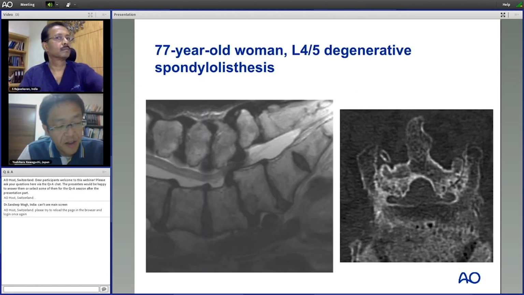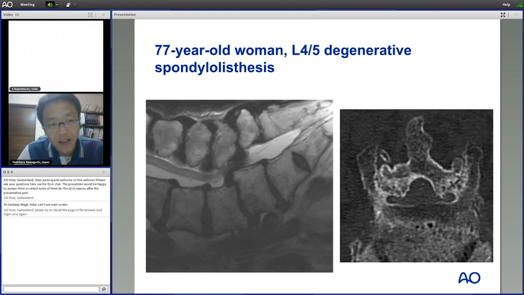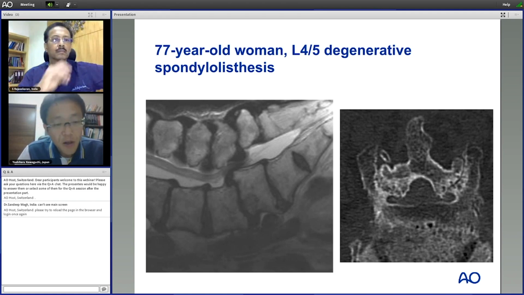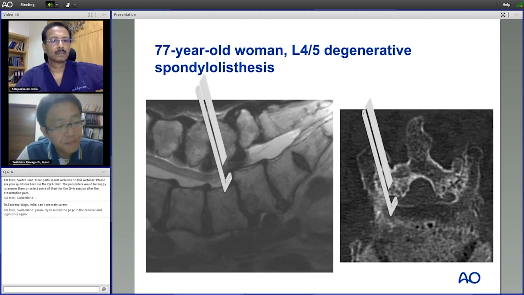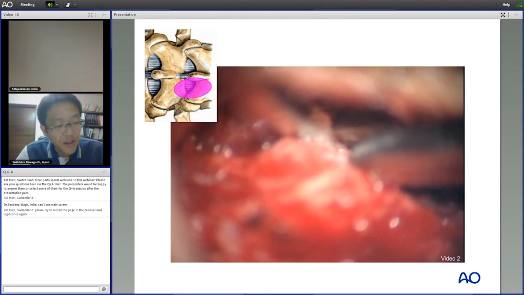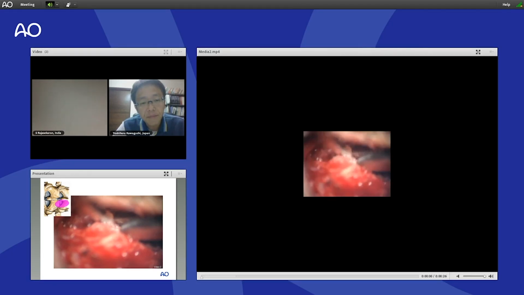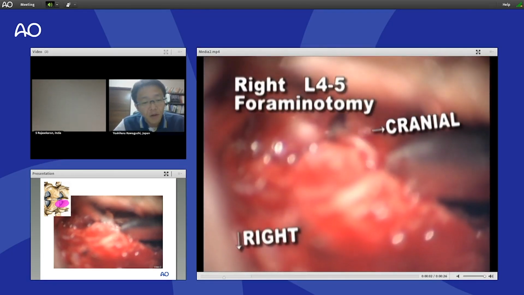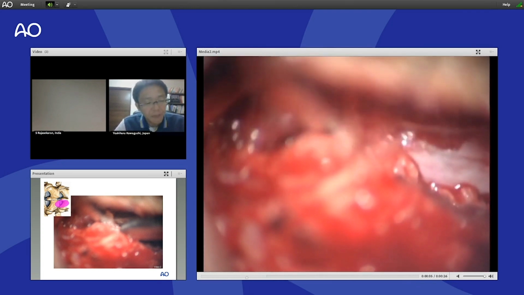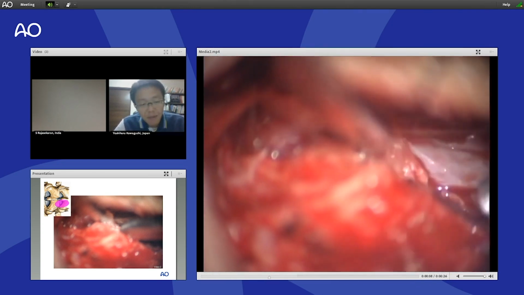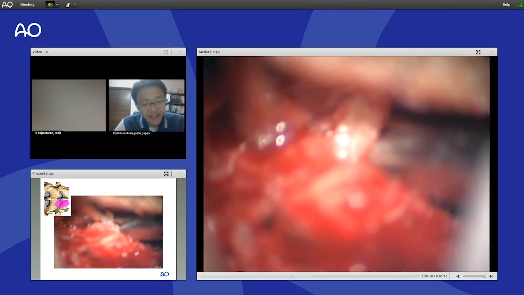This is a case of a 77-year-old female with L4-5 degenerative spondylolisthesis. You must be aware that the rongeur for spinal listhesis is very dangerous. When the surgeon uses the rongeur, the weak grip is okay, but a tight grip makes a durotomy, an incidental durotomy.